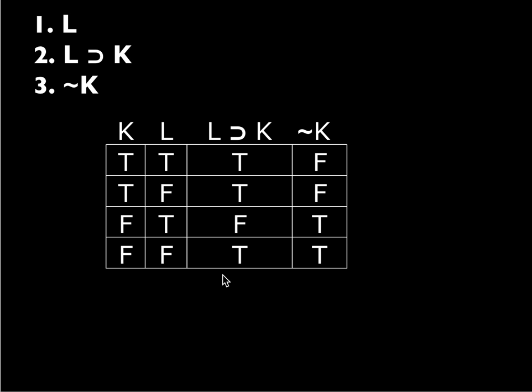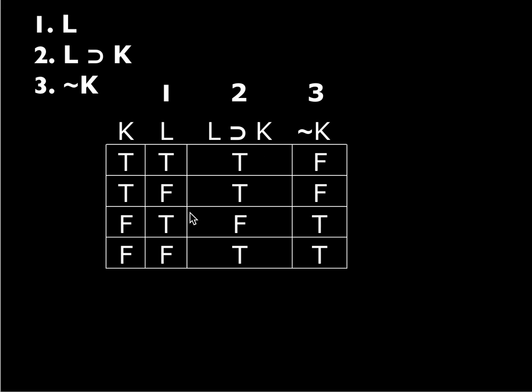Here's the truth table. Remember, as always, you put your atomic statements in alphabetical order, even though that's not the order they were here. L sort of showed up first before K did, if you were just reading these out. But always alphabetical order. And again, I managed to get them in order. This is 1, 2, and 3.